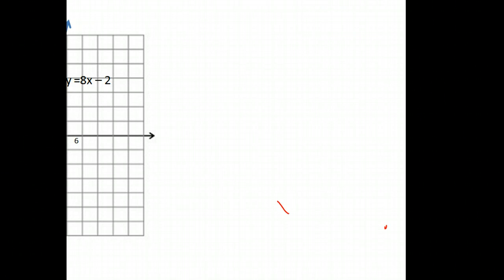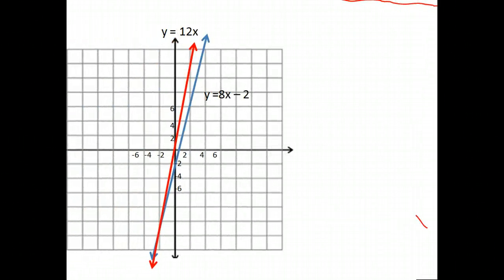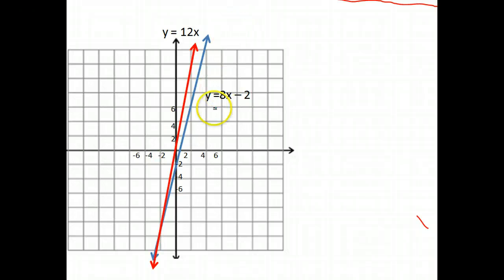Looking at our two lines, we can see where they intersect just by looking at the graph. The problem is it's hard to pinpoint the exact point because notice our lines, each section goes by 2's this time. Our intersection is somewhere around here, but we can't tell exactly where. So the best option when that happens is to use algebra to solve it.